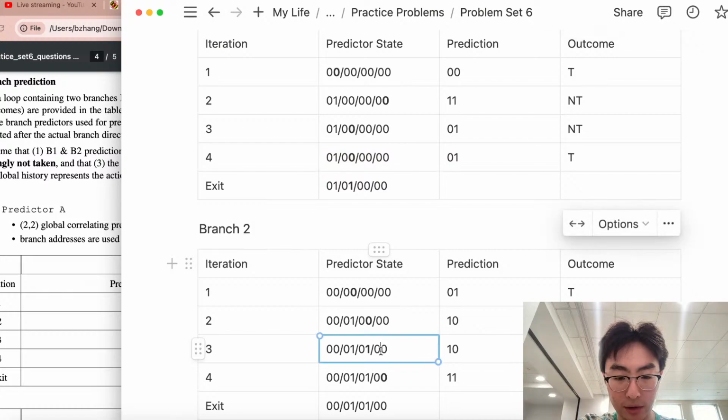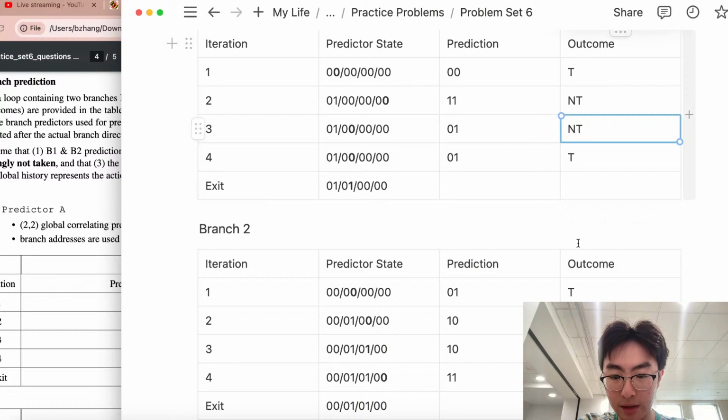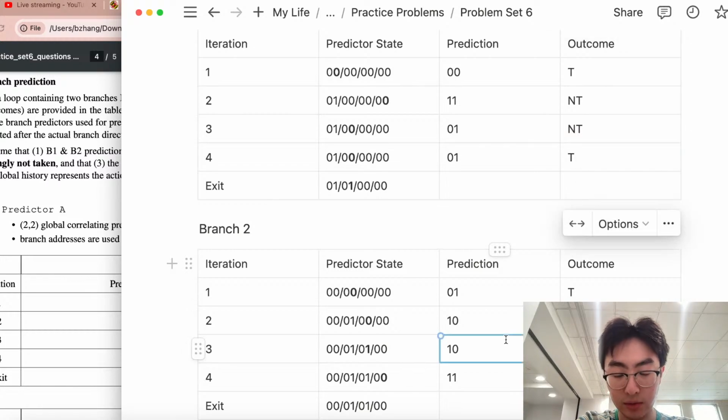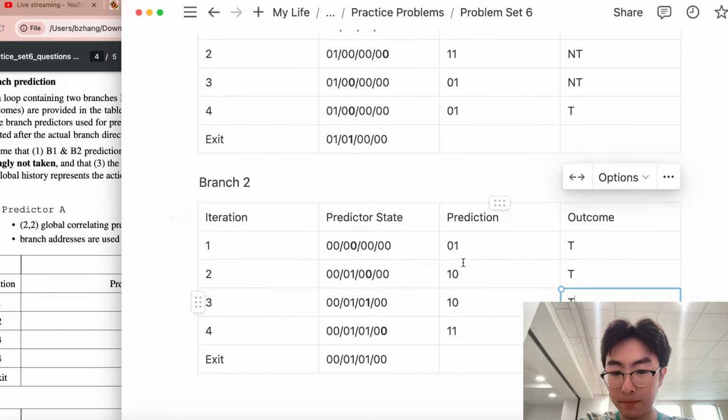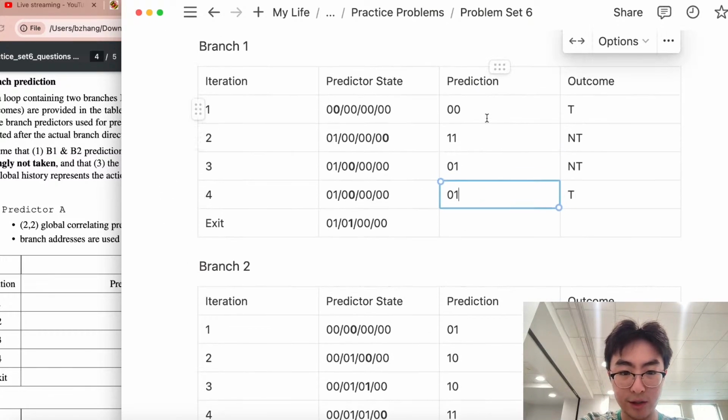Then moving on to the 3rd, we have, in this case, not taken, taken. So that'll give us 0, 1. And that'll index the 2nd index of our predictor states. And the outcome is taken, so we flip that. And now on the last iteration, we have 0, 1 here.